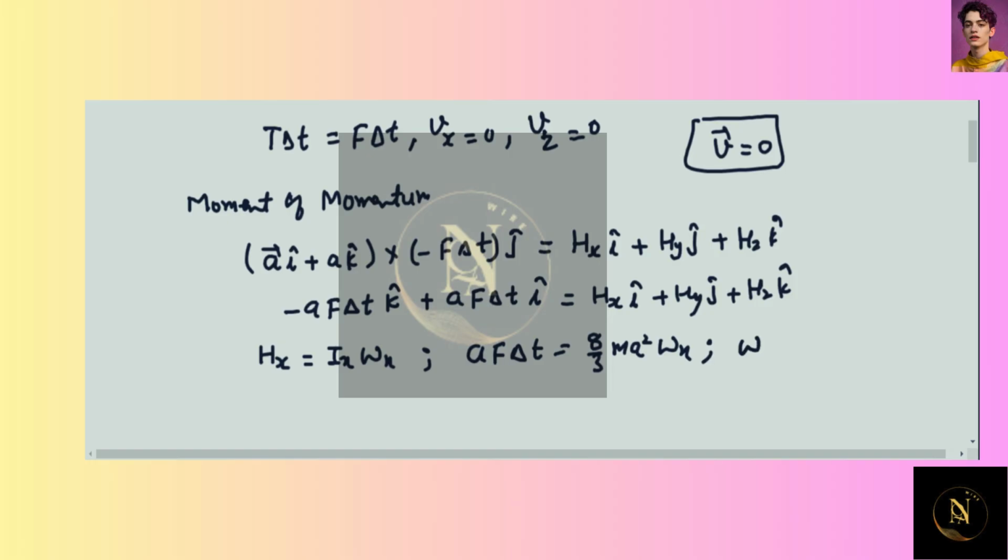So from here omega x we will get 3F delta T divided by 8ma. Now, since Hy is 0, so Iy into omega y will be also 0.